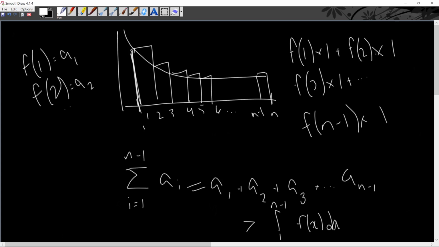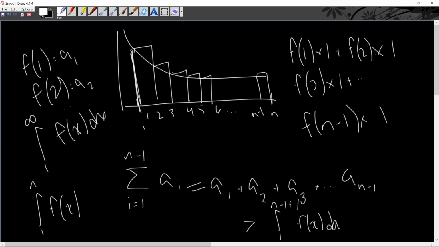Right? And we are saying that if the function is divergent, then the series is divergent, so we're going to say that the integral from 1 to infinity of f of x dx is divergent, which means that if we have this integral adding 1 to this, we're going to have 1 to n, this has to diverge as well, right?